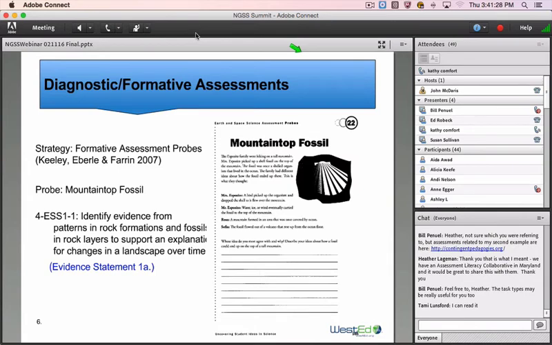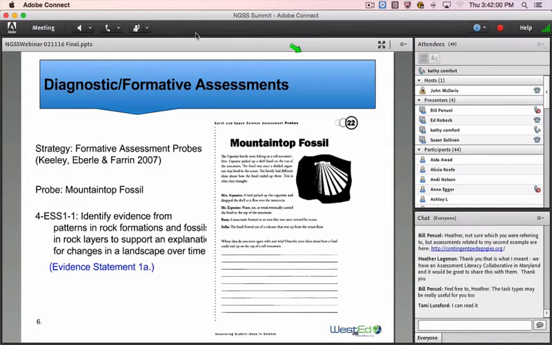Okay, I'll read it. It says the Esposito family went hiking on a small mountain. Mrs. Esposito picked up a shell fossil at the top of the mountain. The fossil was once a shell organism that lived in the ocean. The family had different ideas about how the fossil ended up there, and this is what they thought. Mrs. Esposito thought that a bird picked up the organism and dropped the shell as it flew over the mountain. Mr. Esposito thought water, ice, or wind eventually carried the fossil to the top of the mountain.